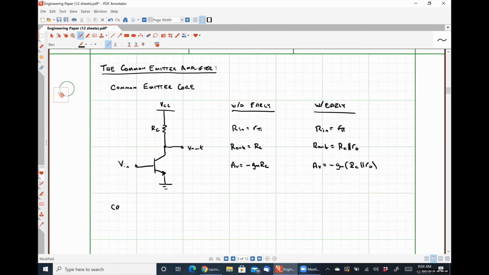So let's move then to the common emitter with degeneration.